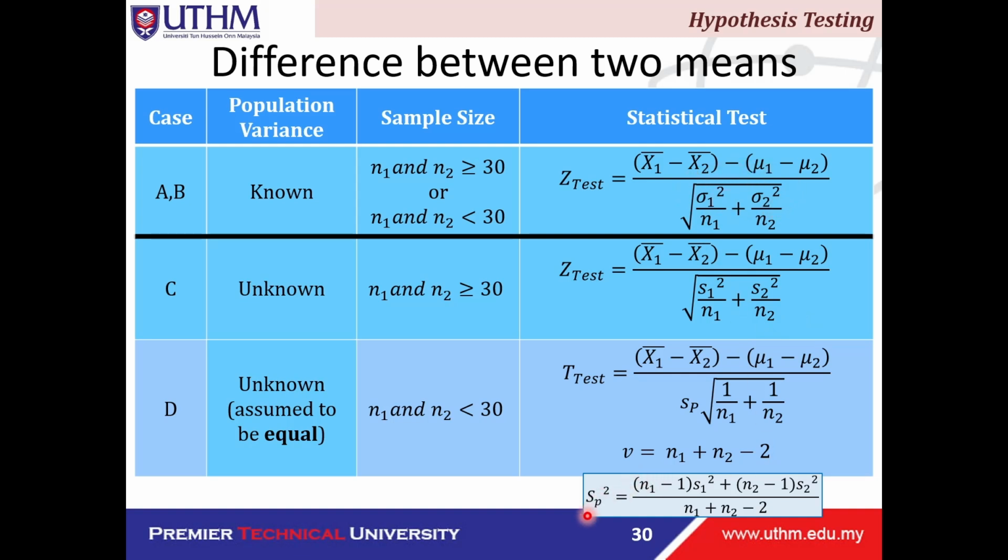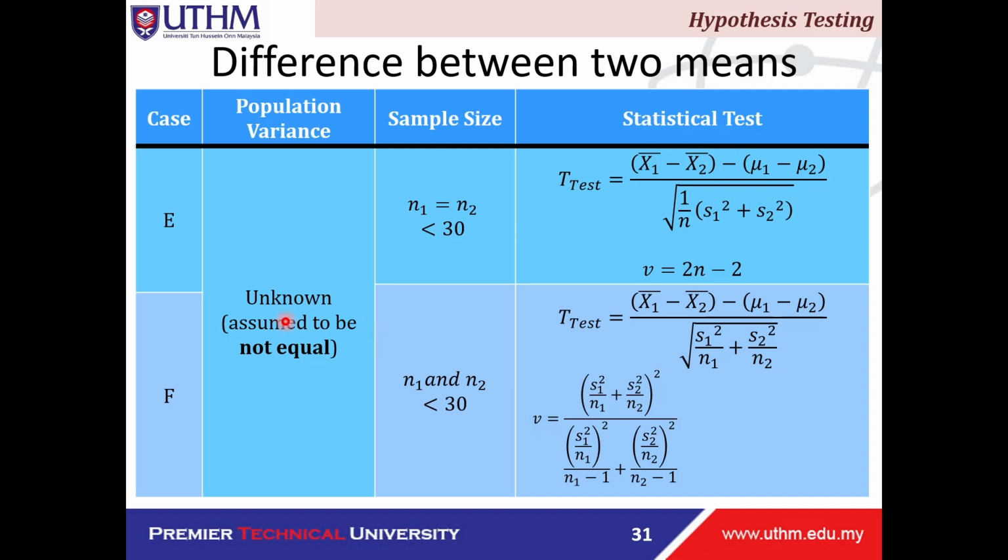Then we calculate the pooled variance of the sample, so S1 squared and S2 squared are replaced by Sp squared. We factor out Sp squared, and take it out of the square root so Sp is outside. And since both sample sizes are less than 30, we use the t distribution or the t-test.